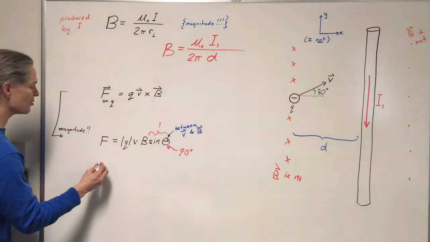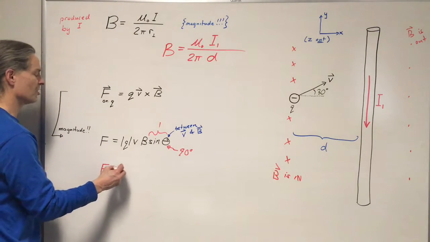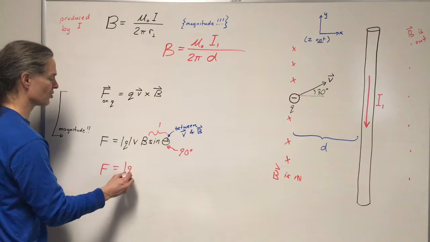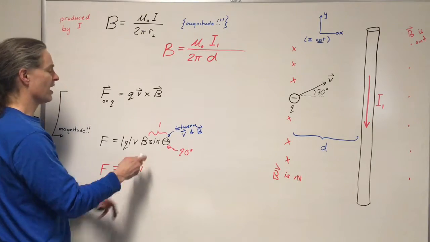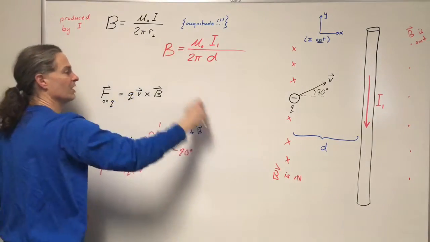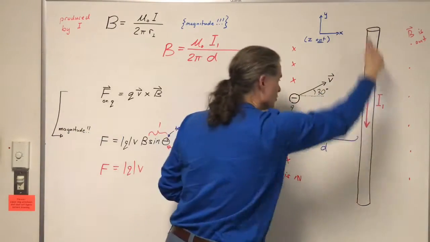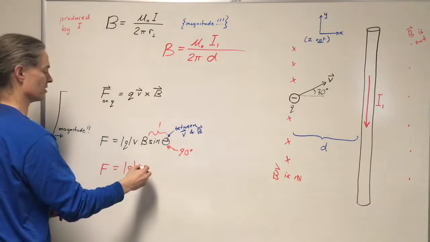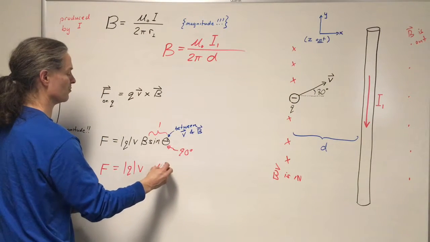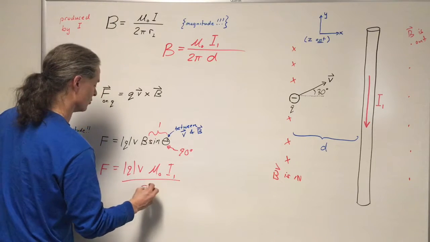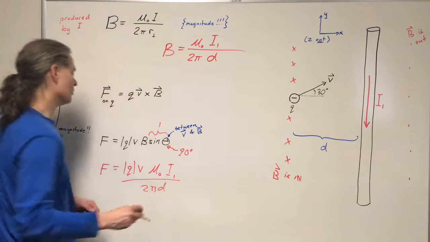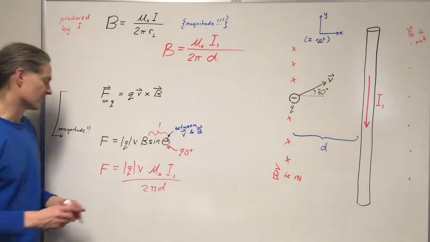So the magnitude of the force on this moving charge is just going to be the absolute value of the charge, the magnitude of the charge's velocity, and the magnitude of the magnetic field at the location of the charge due to this long current, which has this form, mu naught I1 over 2 pi d. And we could clean that up, but that's good enough.